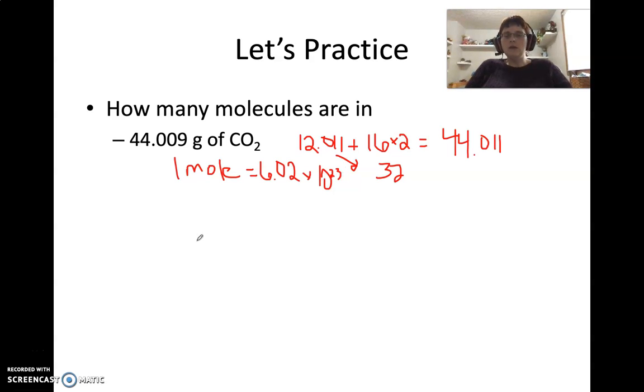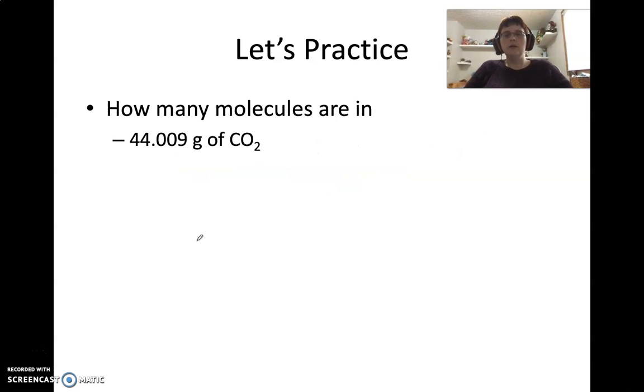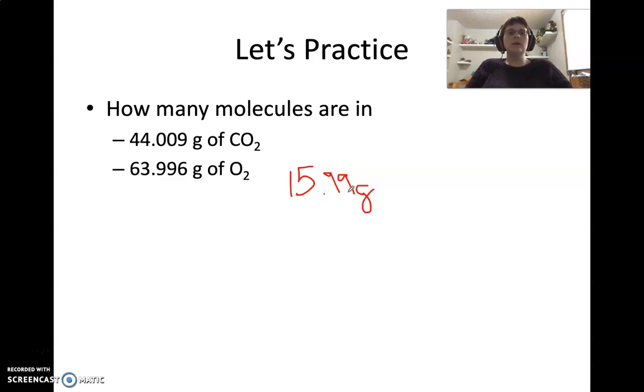Okay, so let's take a look at another one. So 63.996 grams of oxygen. So you can tell this got a big decimal, so they didn't round it. So oxygen is 15.999 grams. So how do we figure it out?